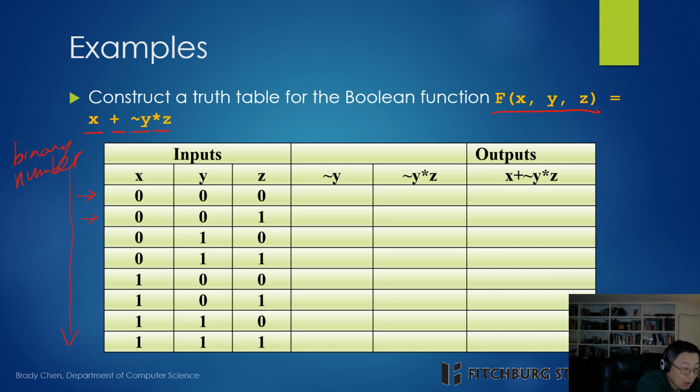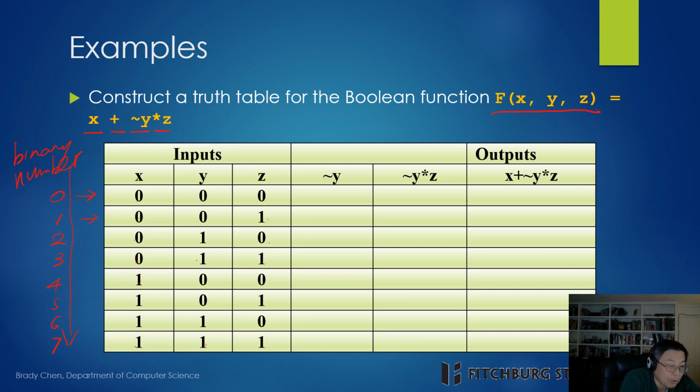All 0 basically means 0. 0, 0, 1 means 1. 0, 1, 0 means 2. 0, 1, 1 is 3. 1, 0, 0 is 4, then 5, 6, and 7. 7 is 1, 1, 1. In that way, we're not going to miss any of the combinations of x, y, and z.